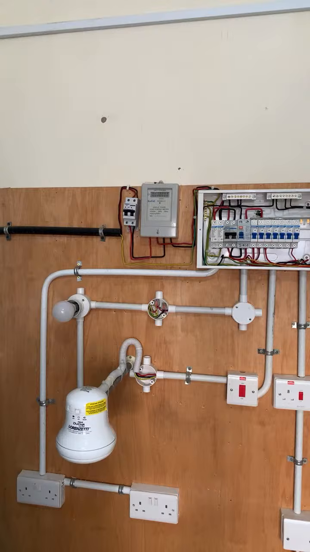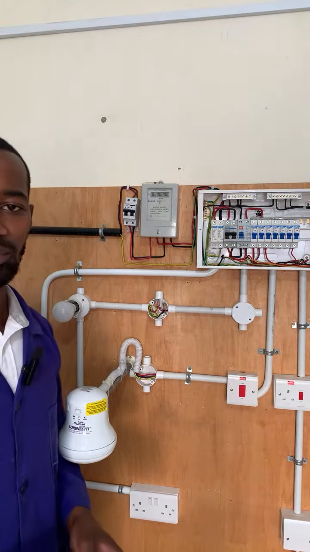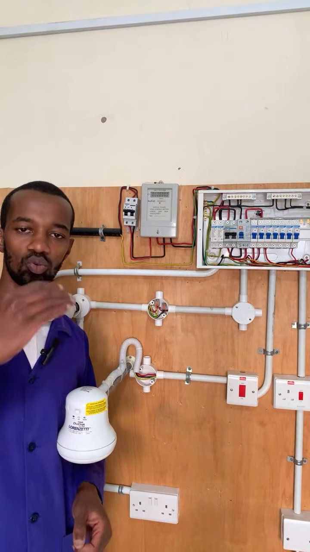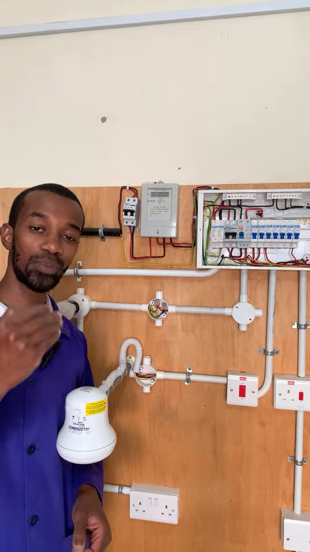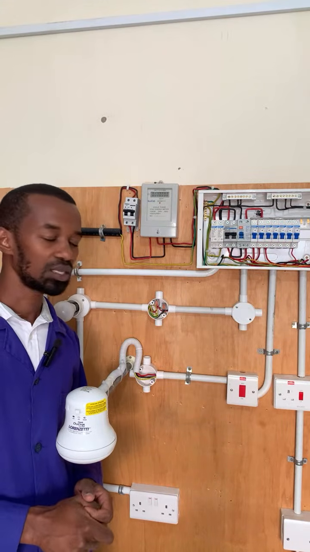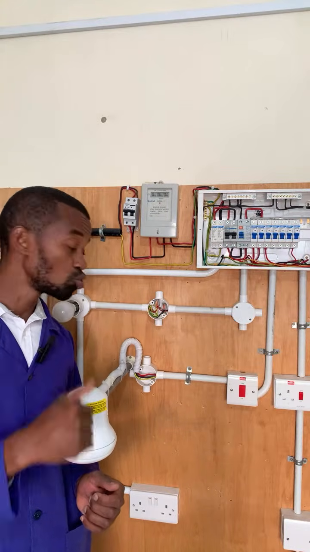A great question from Blink says, what is the difference between polarity test and continuity test? Polarity test in most cases applies when it comes to DC, direct current, where you will need to determine which one is the positive and which one is the negative. When it comes to AC, we have line as well as neutral.